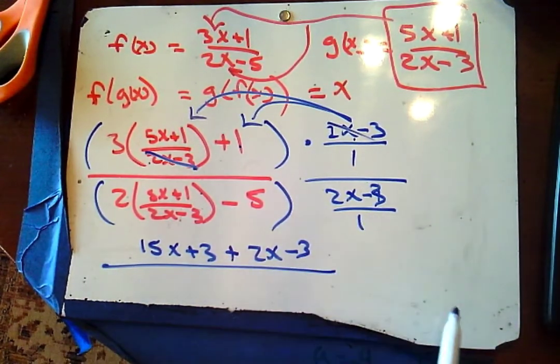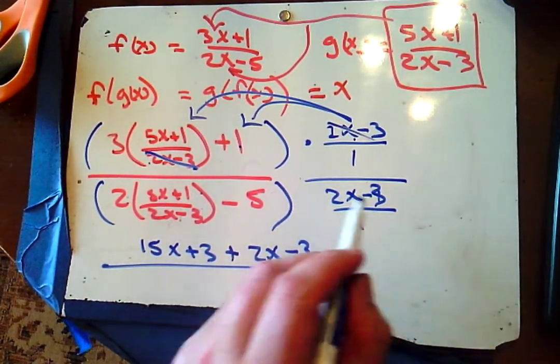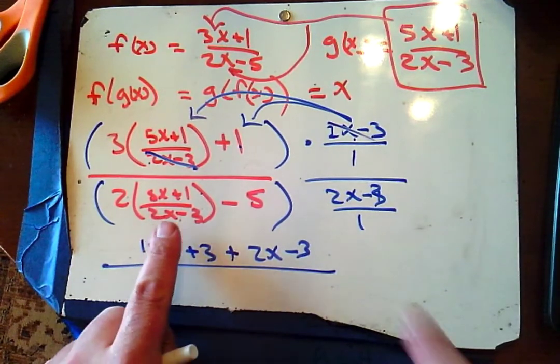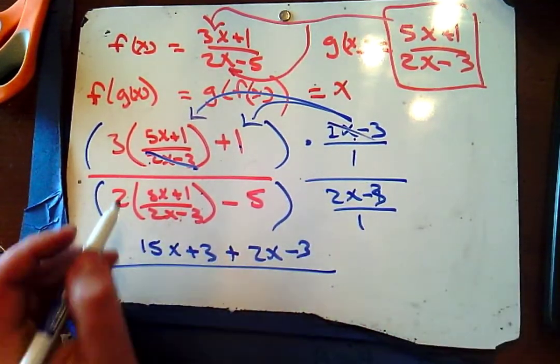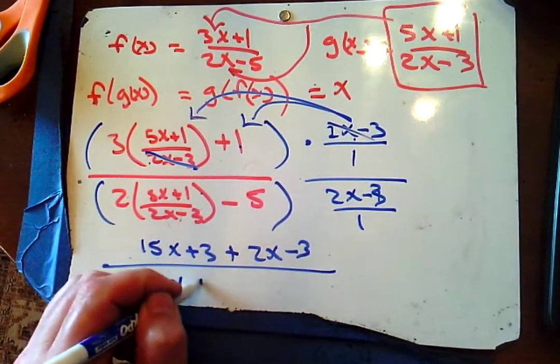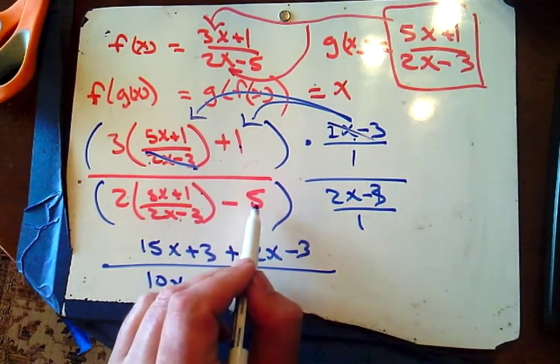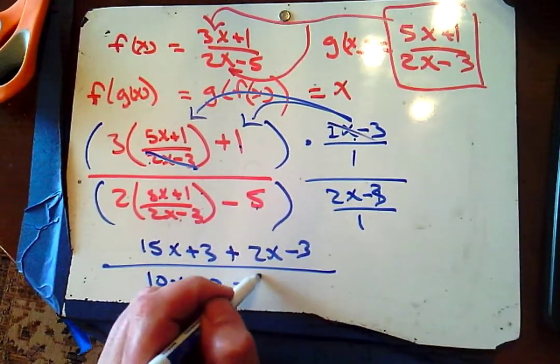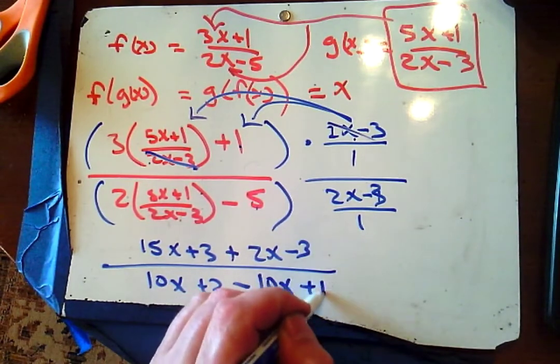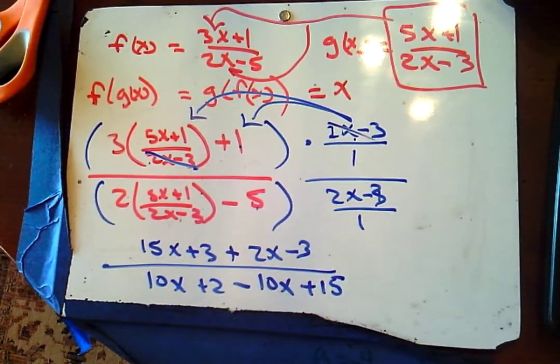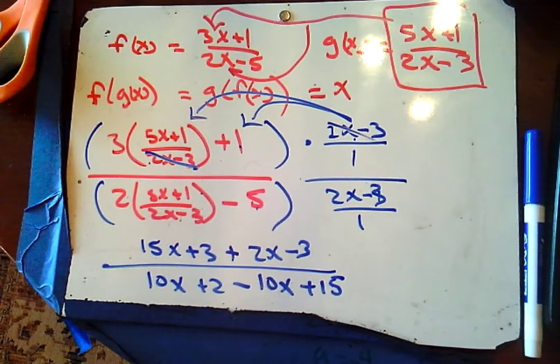On the bottom, when I multiply by 2x minus 3 and distribute, these will cancel out again, and so I'll have 2 times 5, or 10x plus 2, minus this 5 has to get distributed here, 10x plus 15. Okay, well, let's tidy this up and see what happens.